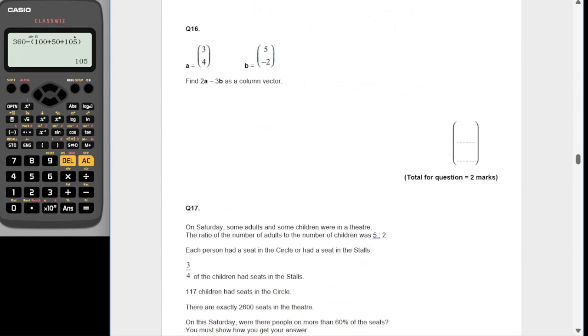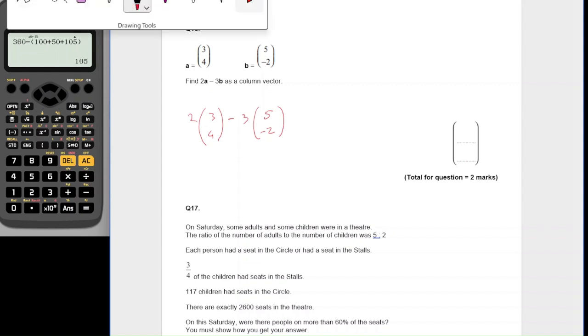Right, question 16. Find as a column vector 2a plus 3 minus 3b. So it's two lots of 3, 4 minus 3 lots of 5, minus 2. In effect, what we do here is split our top number and our bottom number separately, but they're both multiplied by this.